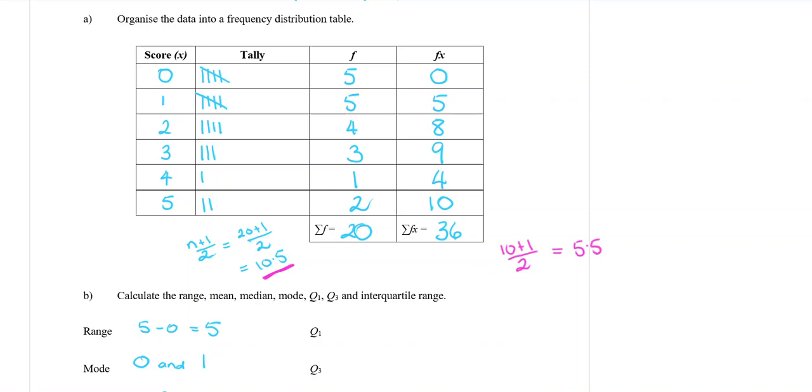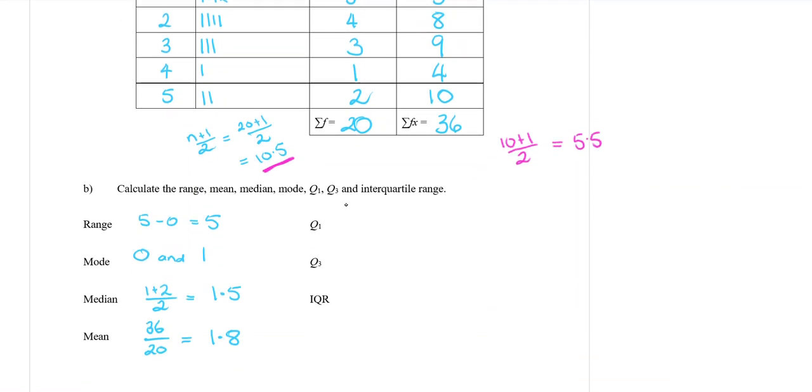So there's my first 5 numbers. The last one in here is the 5th number. The first number in there is the 6th number. So my Q1 is going to be between 0 and 1, which will be 0.5. Yes, so we go 0 plus 1 divided by 2, which would be 0.5.